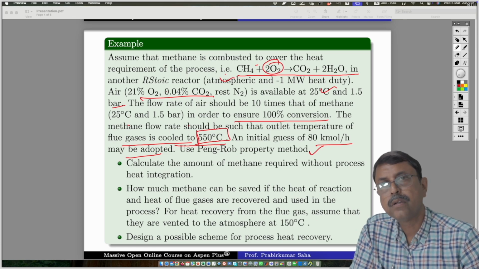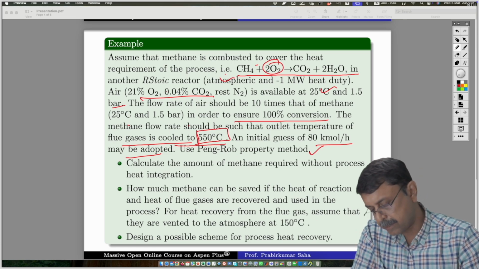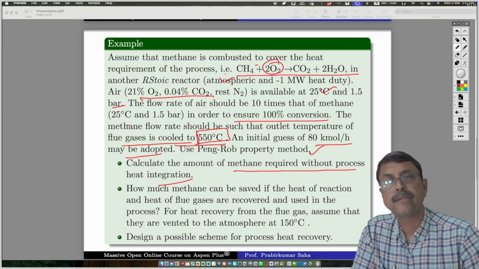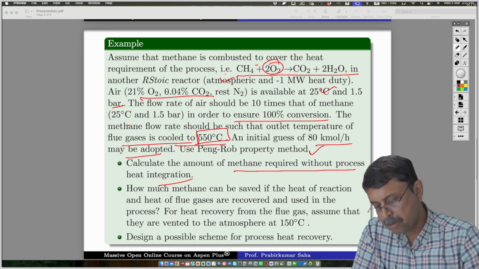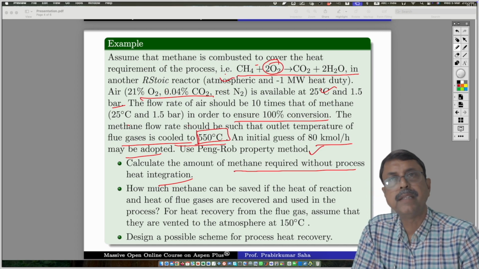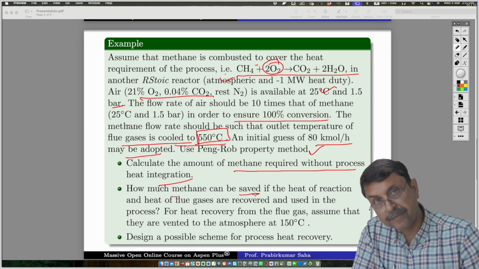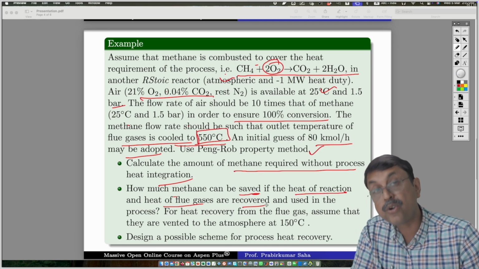tasks. Watch what you need to do over here. First thing is to calculate the amount of methane required without any process heat integration. So do not do any process heat integration. Perform the plant run and find out the amount of methane required. And second, how much methane can be saved if the heat of reaction and heat of flue gases are recovered.